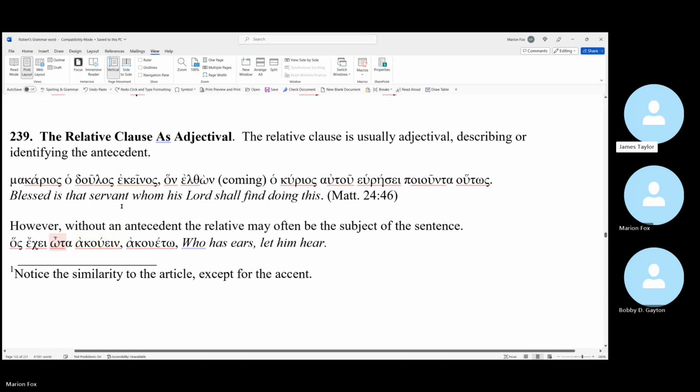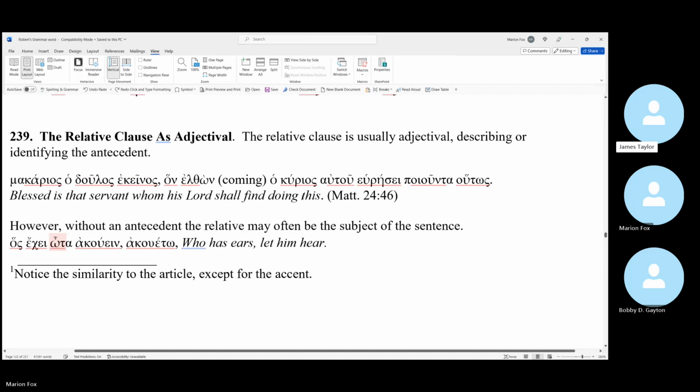Houtos, shouldn't this be, instead of tau omega sigma, tau omicron sigma? On Matthew 24:46, the last word there after poiounta, it's got houtos, and that's an adverb of manner. But it's translated, his Lord shall find him doing this.